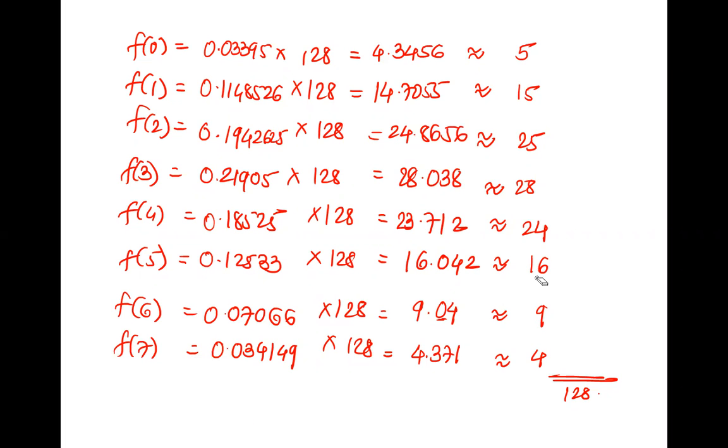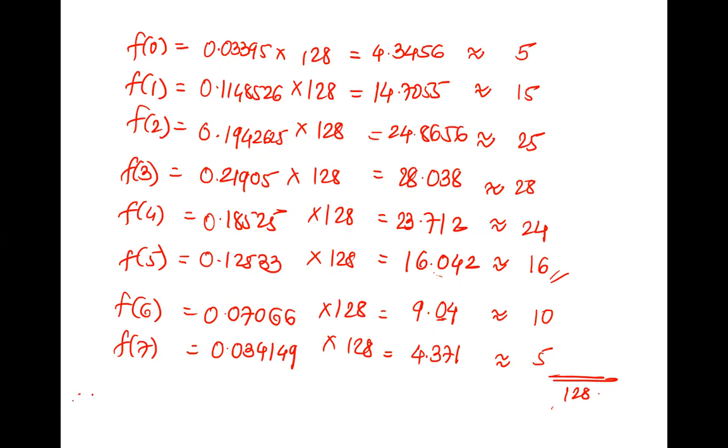So we'll increase 1 here and 1 here. So I can write 10 here and 5 here. So there is little error. It is okay. It is up to you to round up the values and make it 128. You can either go here and write 17. Choice is up to you.